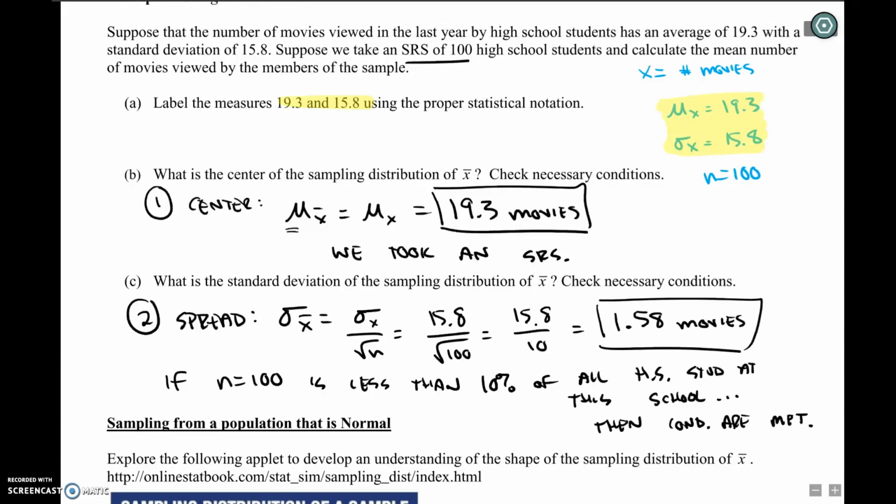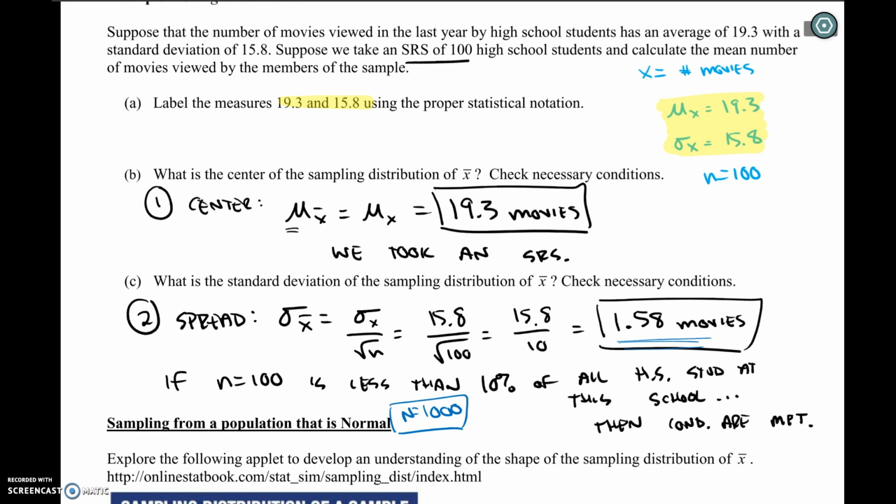However, the magic number here is 1,000 kids. As long as we have 1,000 kids. If we have less than 1,000 kids, though, then this formula can't be used and this number isn't quite right. Now we're going to learn what happens whenever the 10% condition fails, and it's actually not so bad.